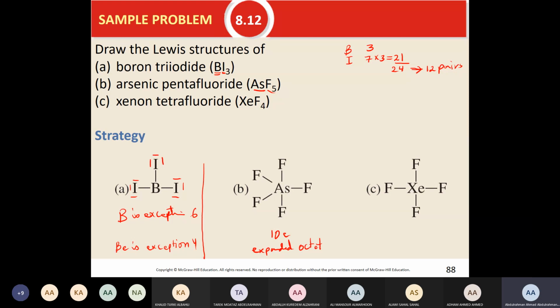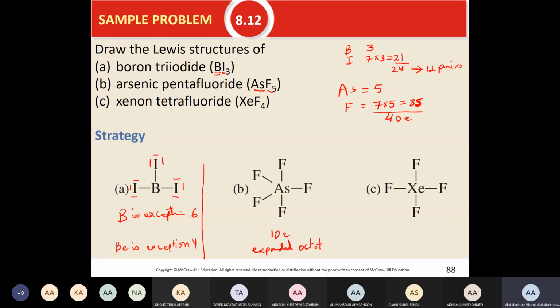What's the valence of As? 5. Is it 5? Yes, I think so. Okay, how about fluorine? 7. 7 times 5 is 35, plus 5, that's 40 electrons.